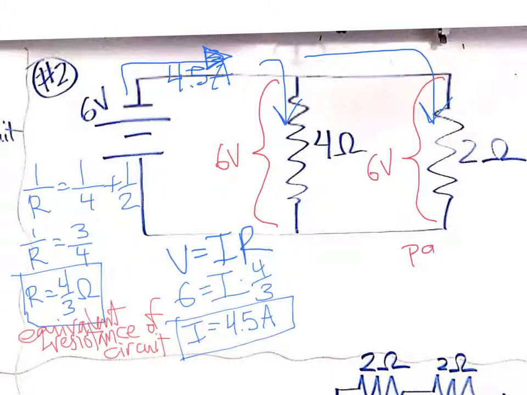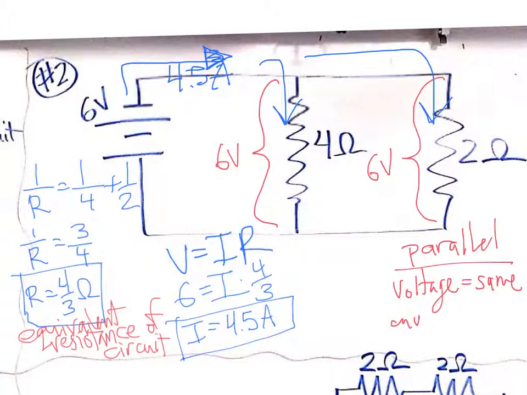We are talking about a parallel circuit, okay, and the voltage drop across each resistor is the same, whereas the current is split. Split meaning part of it goes here and part of it goes here.